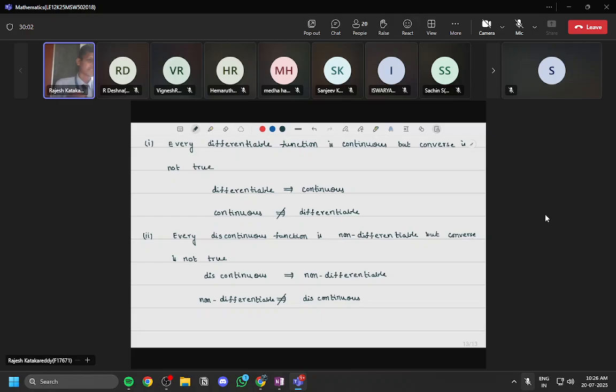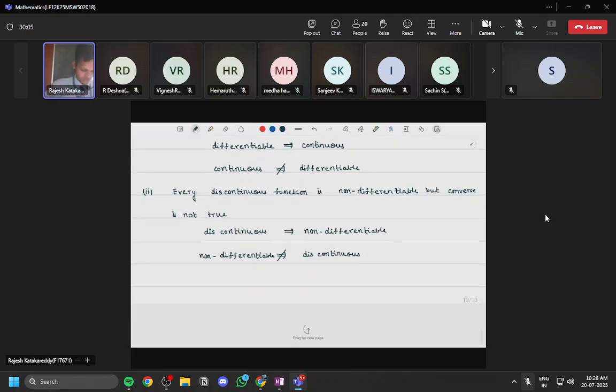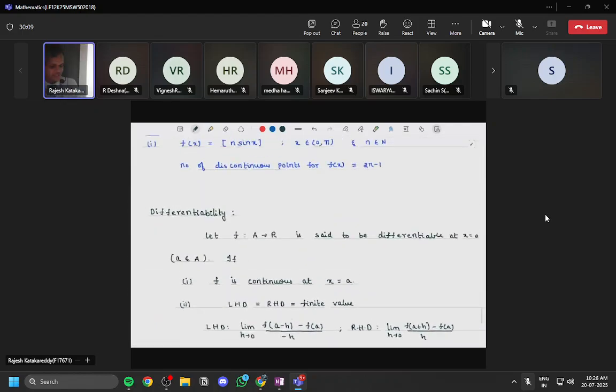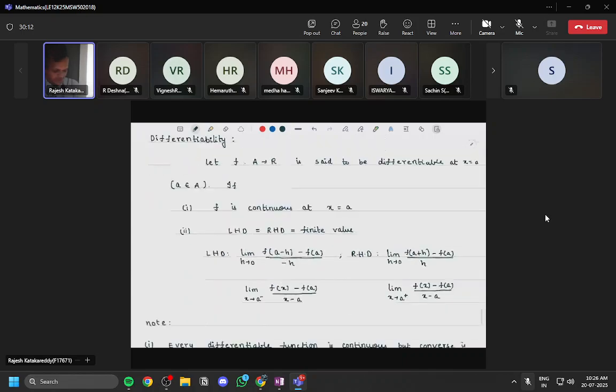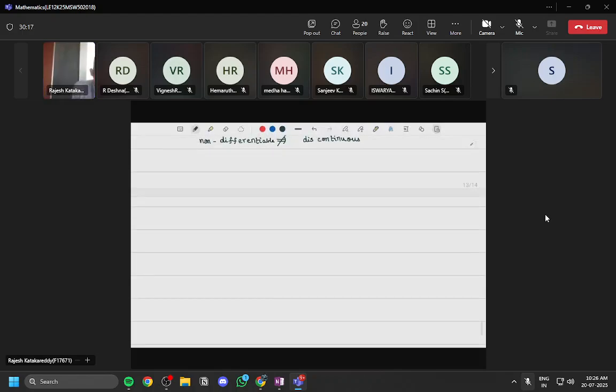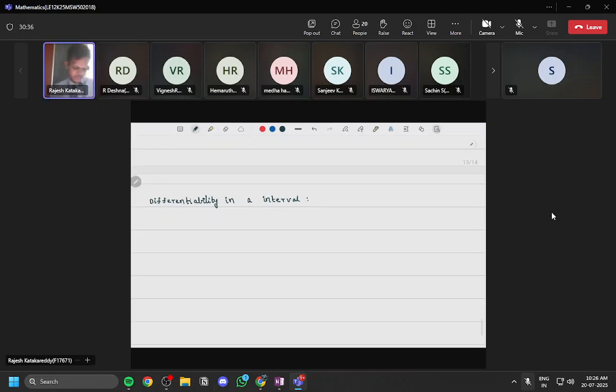Clear? Understood this? Now let us write that. What we have seen so far is differentiability at a point. Next is differentiability in an interval.